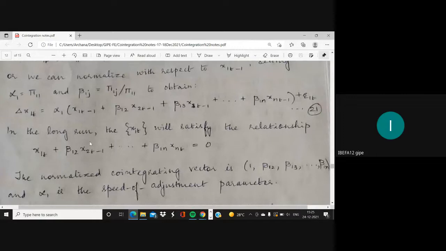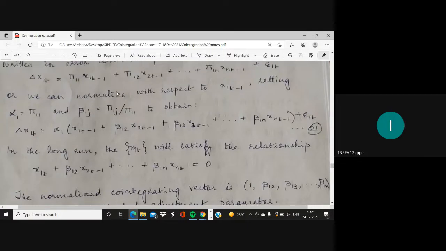Just in case somebody hasn't understood, what we're doing here is, in brackets, writing a new set of coefficients attached to x1t minus 1, x2t minus 1, and so on. These coefficients are the beta 1j's over here. Attached to x1t minus 1, since we selected this for normalization, we haven't written beta 1 1 over here.